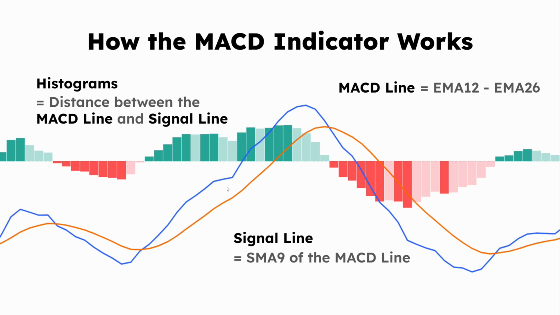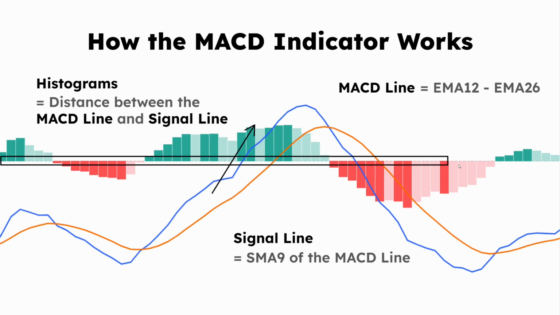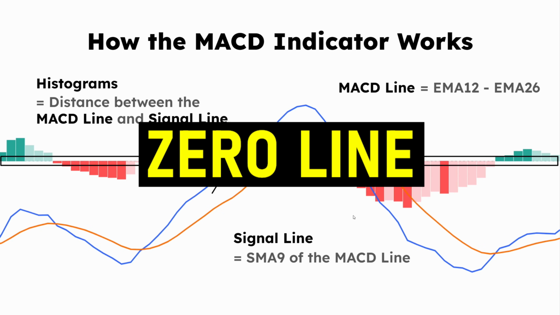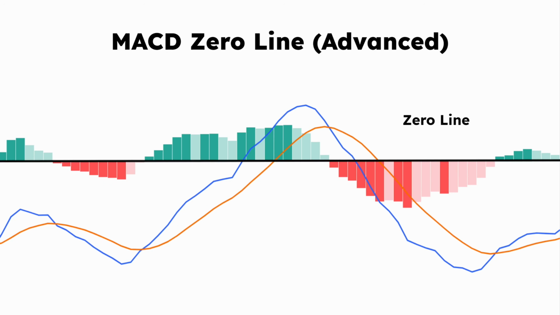But now there's one thing we still haven't talked about, and this can be a bit more complicated. What does it mean when the blue line crosses the line here in the middle, or in other words, what we call the zero line? So now let's dive deeper here and take a look at the MACD zero line.